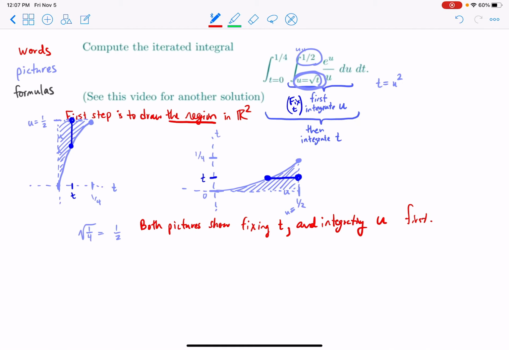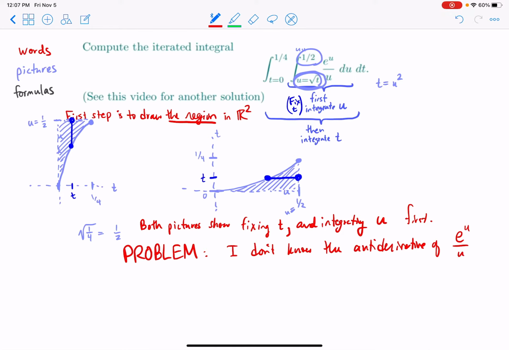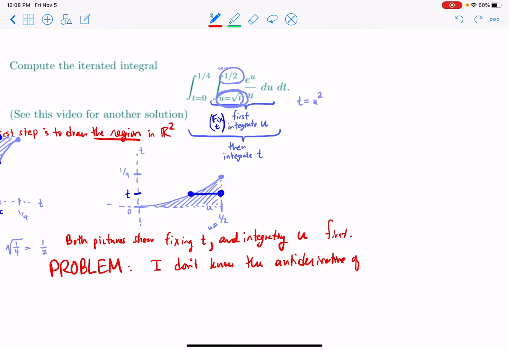But problem, I don't know the antiderivative of e to the u over u. Well, of the function that is, of the variable u, sending it to e to the u divided by u. Let's call that little g. And I don't know capital G. What is G, capital G? I have no idea.